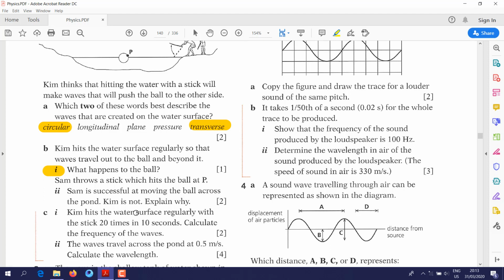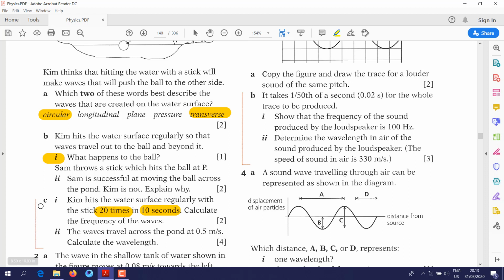Now, what do we have here? We have 20 times during 10 seconds. We want to find how many times in 1 second. So, how will we solve it? Frequency equals 20 times over 10 seconds. The answer will be 2. So the frequency here will be 2 Hz, or 2 Hertz.